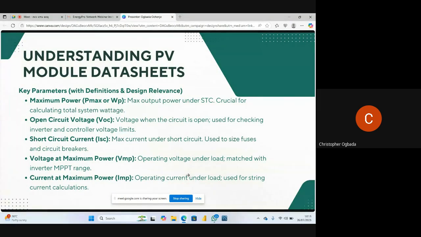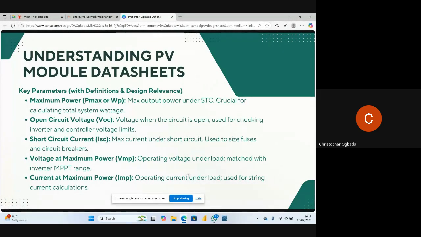Now, what are the key parameters that you see on a typical solar panel? These are the common parameters you see at the back of your PV modules. You see maximum power output under standard conditions.